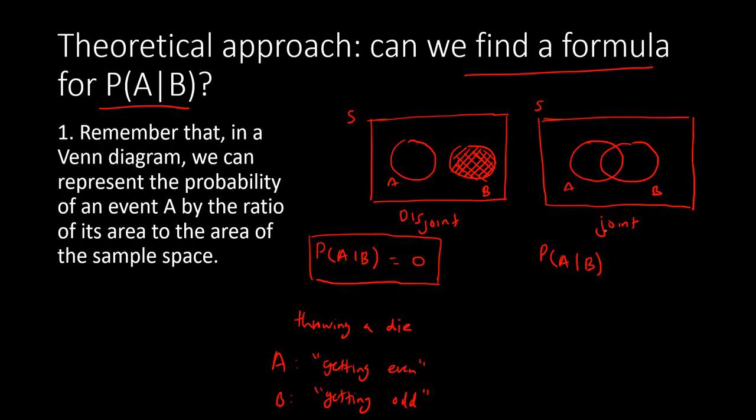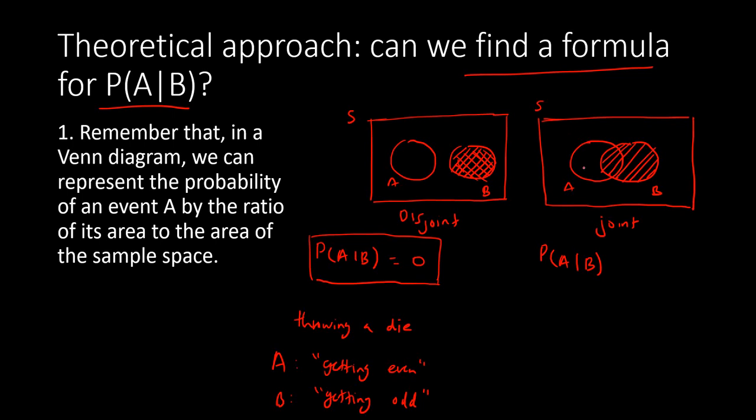I already know that. Therefore, basically, guys, I can ignore everything that is outside B. Okay, I only care about this area. I only care about this area because I know that B has already happened.